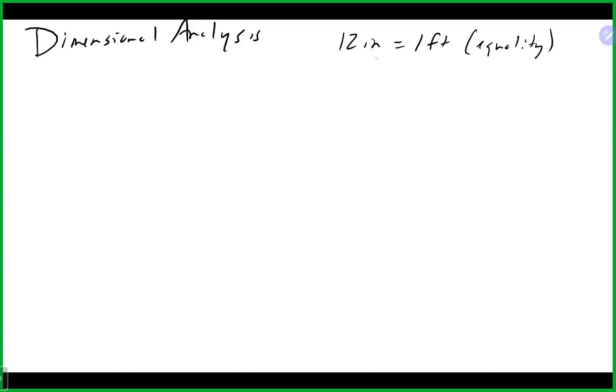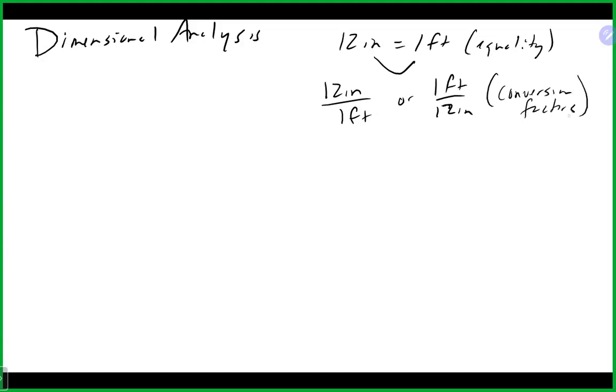And we can turn any equality into conversion factors, where you could go 12 inches over a foot or 1 foot over 12 inches. And we could use these conversion factors to set up our problem.